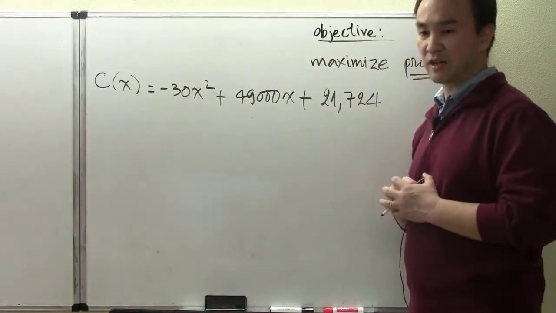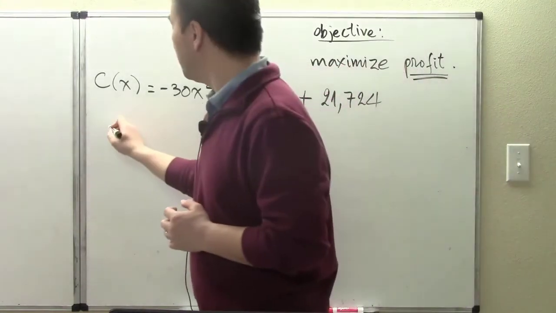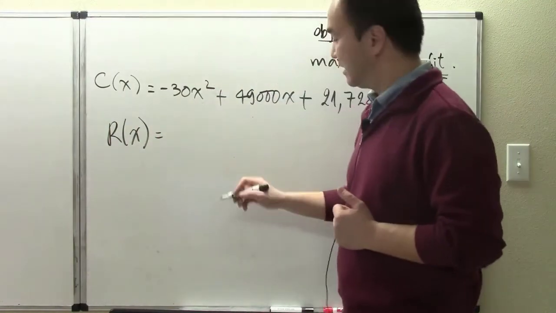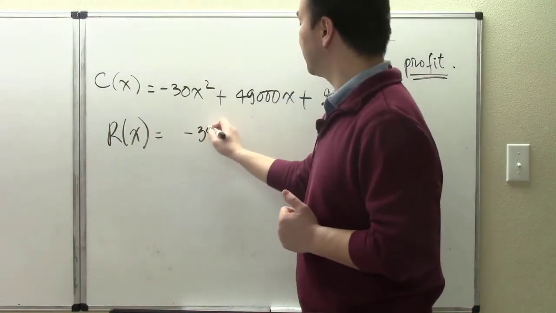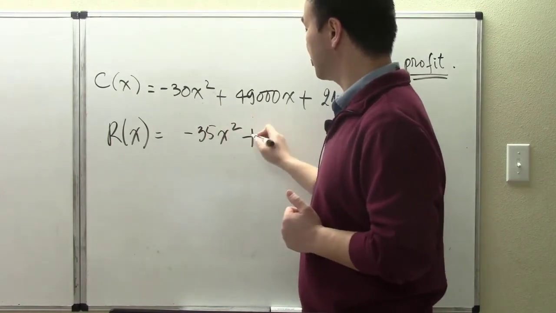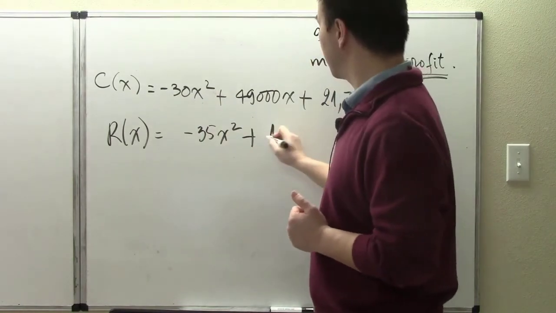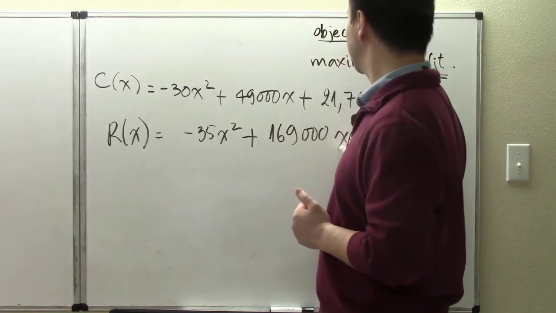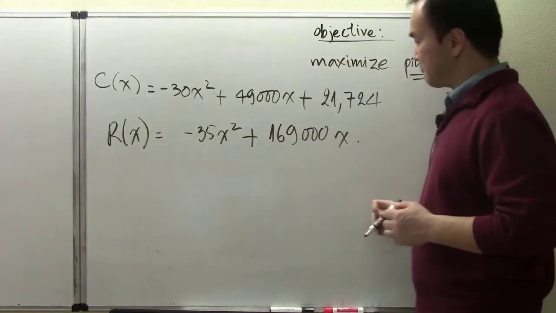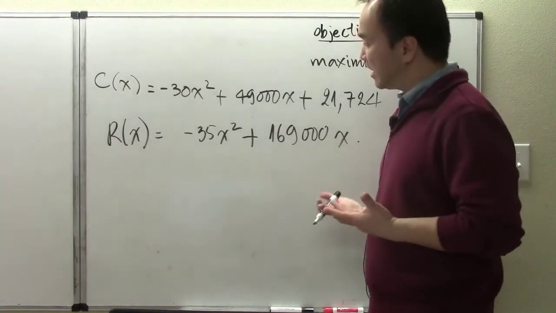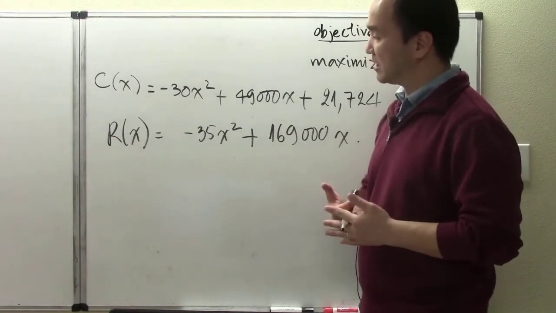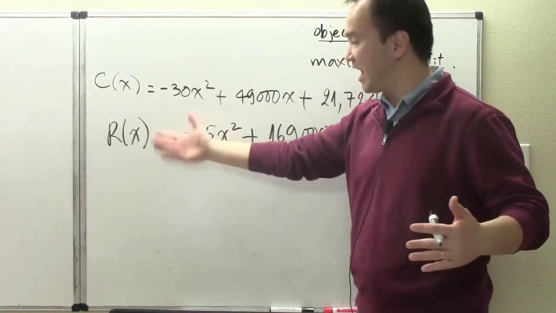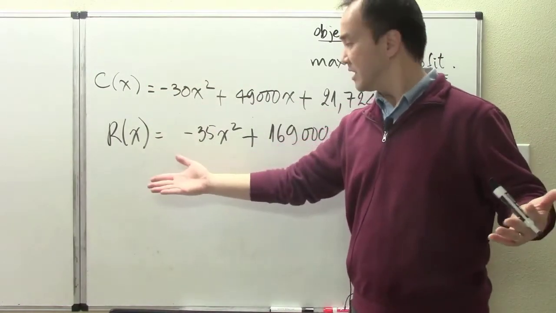Okay, so that's our cost function. And our revenue function is minus 35x squared plus 169,000x. As I said earlier, students in a business major should be familiar with the revenue function and cost function, and in this particular problem we have both of these functions given.